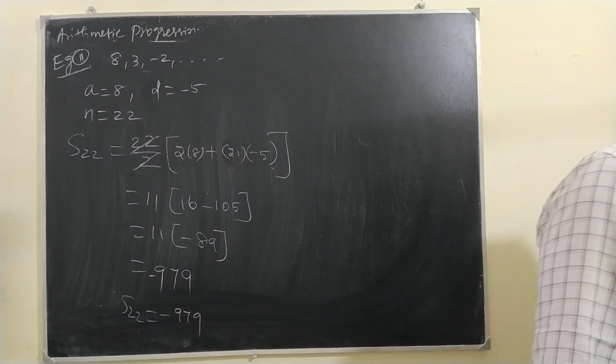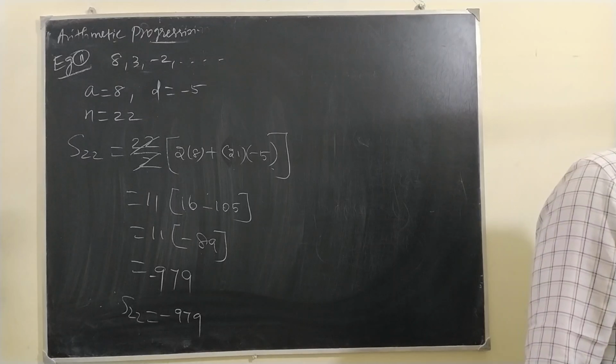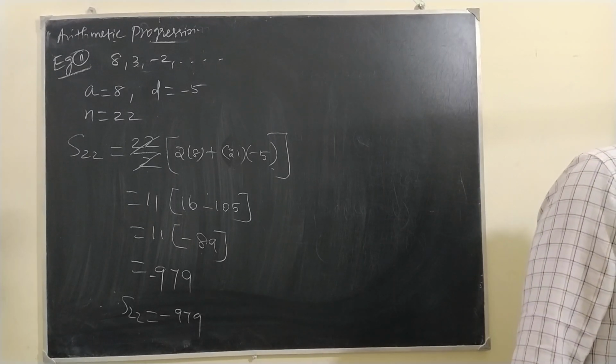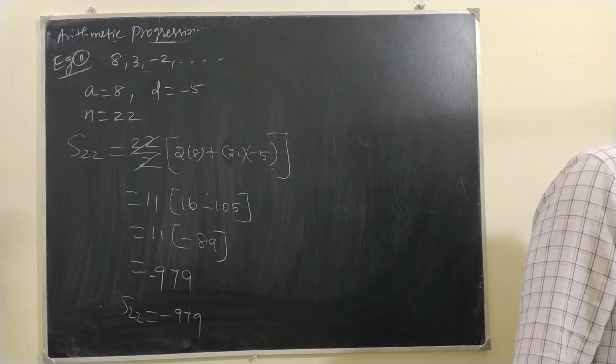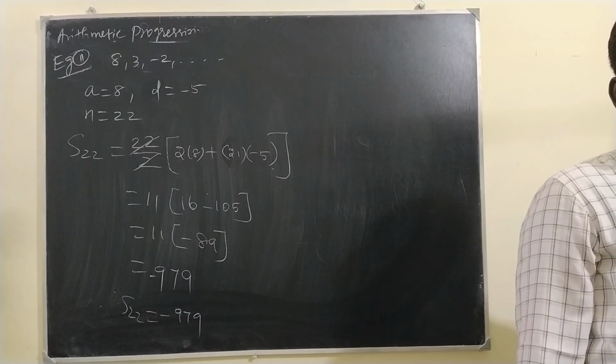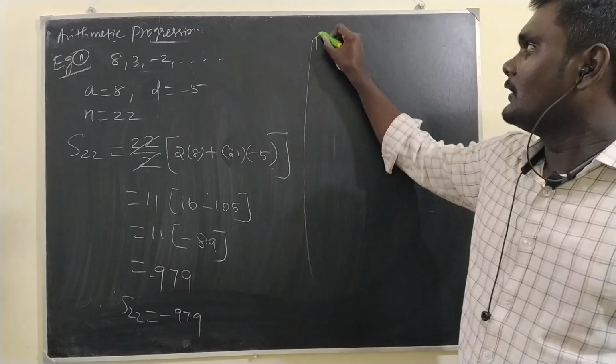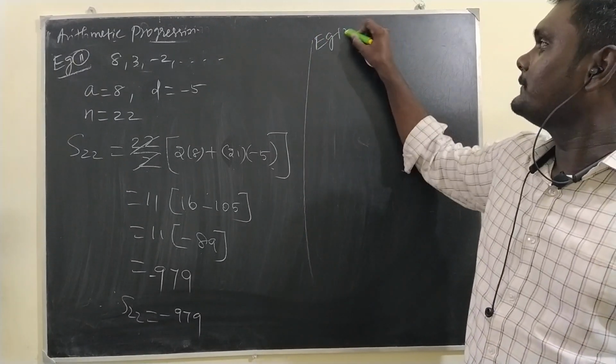Next, example 12, you see. If the sum of the first 14 terms of an AP is 1050 and its first term is 10, find the 20th term. Hide and seek. What are all the things given? Do you know what is made by hide and seek?